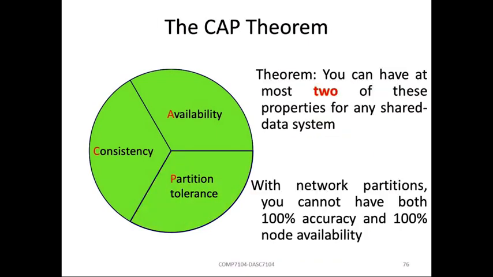And so the theorem says that you can have at most two of these properties in any shared data system. And so with the possibility of having network partitions, once again, you cannot have both 100% accuracy, so consistency, and 100% node availability.